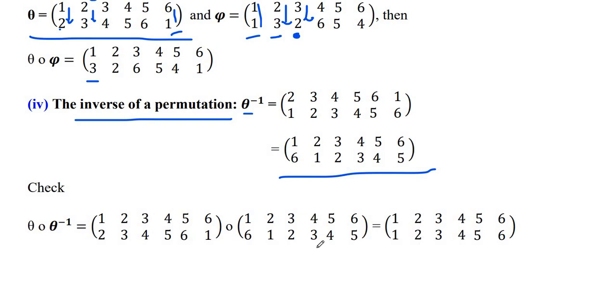Similarly, 3 to 4, 4 to 3, so 3 to 3; 4 to 5, 5 to 4, so 4 to 4; and 5 to 6, 6 to 5, so 5 to 5; and 6 to 1, and here 1 to 6, so you have 6 being taken to 6. So we have theta inverse to be correct, and therefore just to get theta inverse, just interchange the rows.